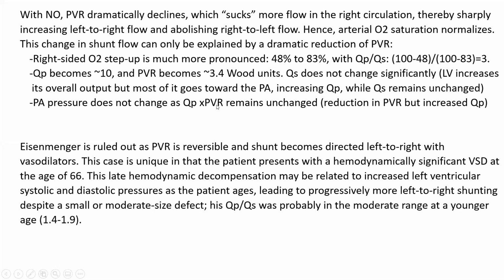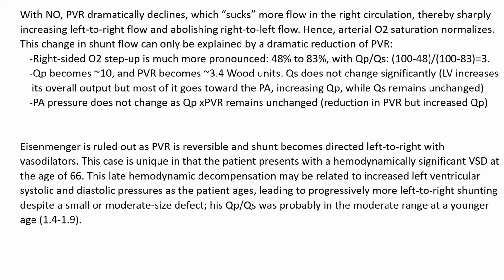That's how we calculate, the Ohm law. So it remains unchanged, but it's a different flavor of PA pressure. The prior PA pressure was low QP, high PVR. Now it's high QP, low PVR. It's a much more benign PA pressure for the same number. Its components are different. It's much more benign, much less worrisome.